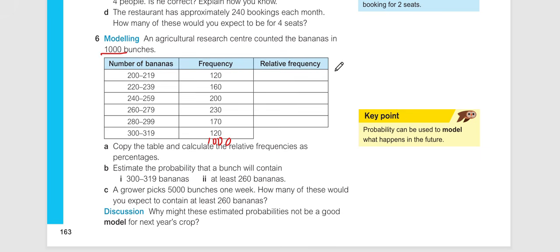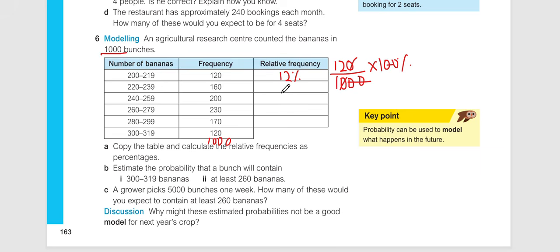For example, the first one: 120 divided by, what's the total frequency? 1000. And how do you write it as a percentage? What's the percentage you got? 12%. Did you get the answer? I want it as a fraction.